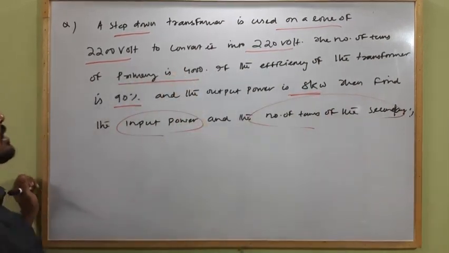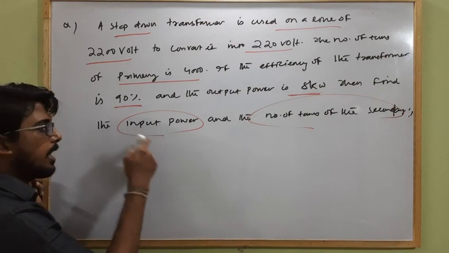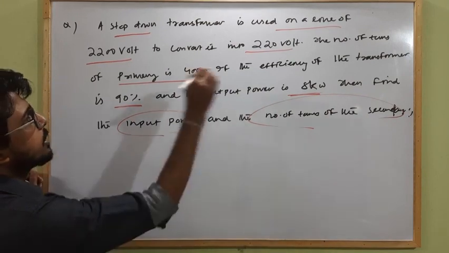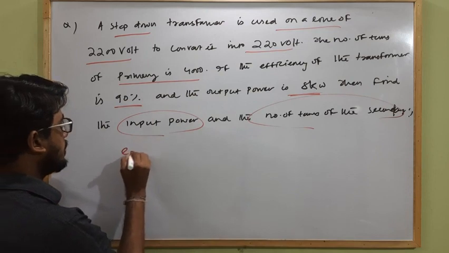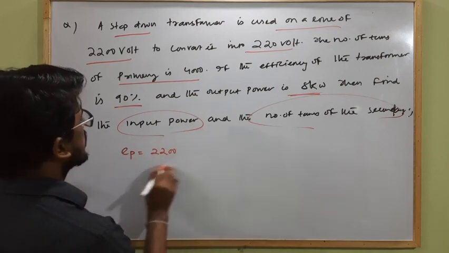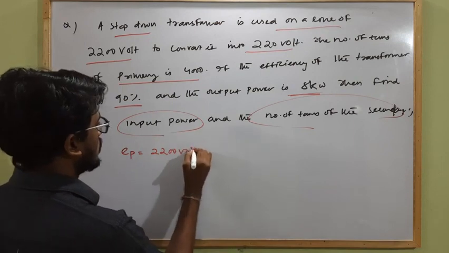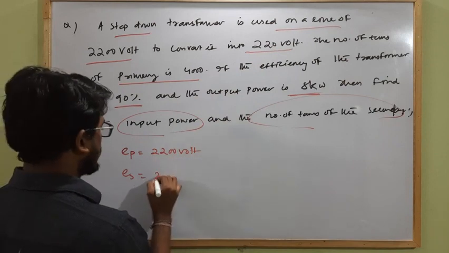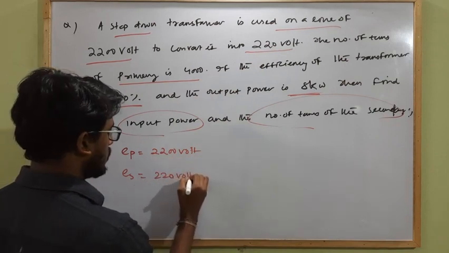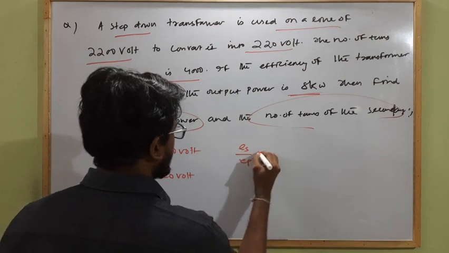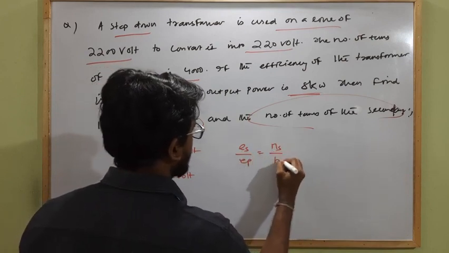So as this is a step down transformer, it has a large number of turns in primary and a small number in secondary. From this we can calculate: Ep, primary, is given as 2200 volt and Es is given as 220 volt. We know the relation Es by Ep equal to Ns by Np.